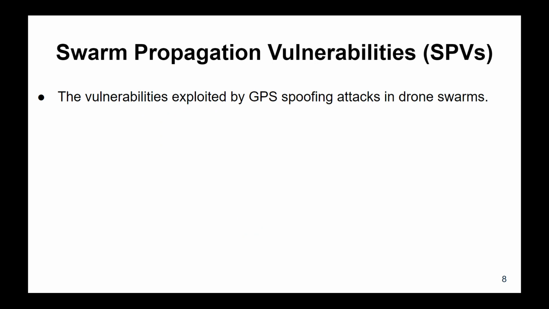We found an important vulnerability that is unique to the drone swarm, which we call the swarm propagation vulnerabilities, in short, SPVs. By using GPS spoofing, the attacker can exploit SPVs and thus disrupt the drone swarm. For example, in this two-drone swarm, when one drone meets the obstacle, it tries to avoid it from the left. However, things are different in an adversarial setting.